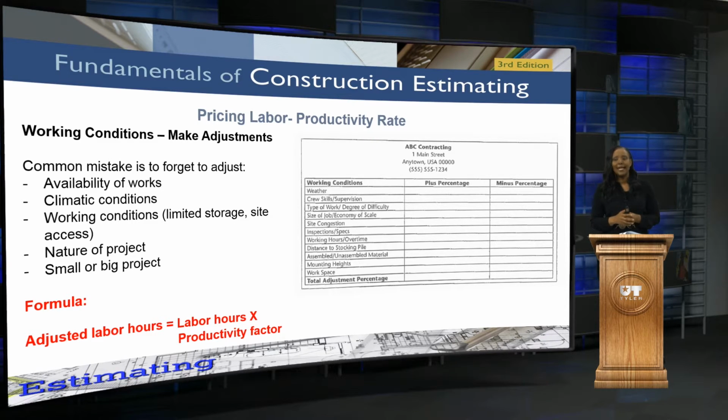So some of the common mistakes, just kind of going over them: availability of work, climatic conditions, working conditions. Maybe you have a limited area to actually store materials. Sometimes you get into situations, especially when you work downtown, where just having access to a site can be kind of difficult to work through.